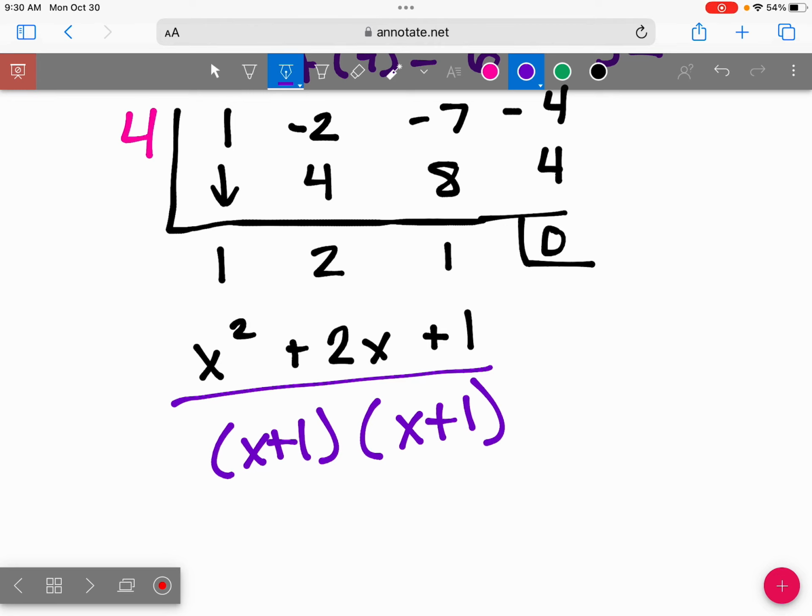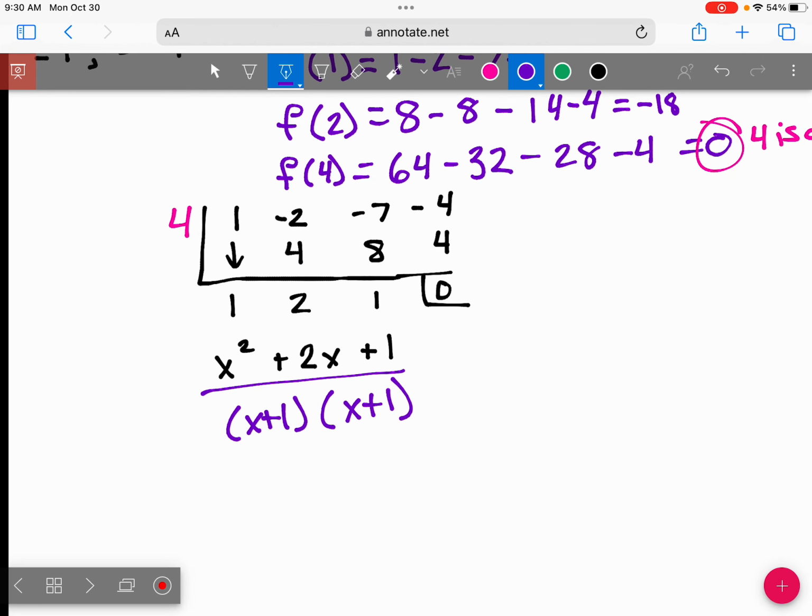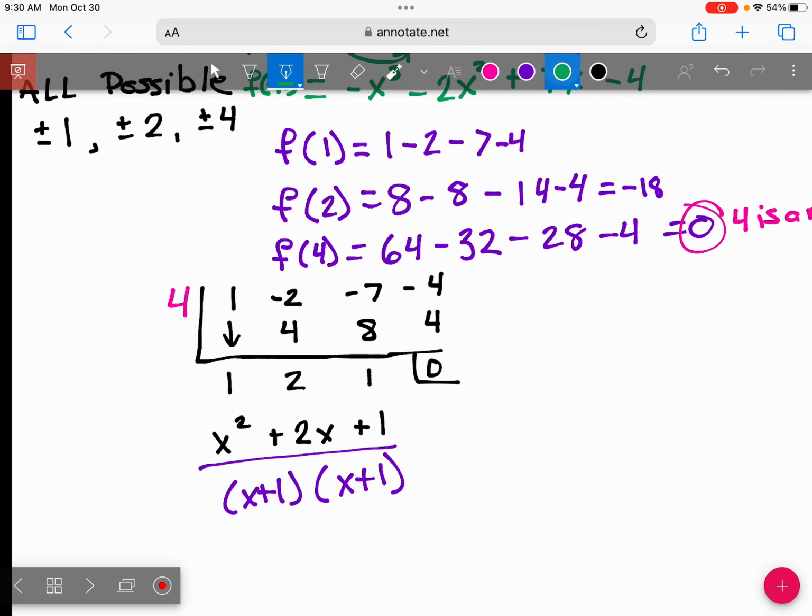So what are our roots? We have x equals -1. And what's our other root? X equals 4. X equals -1 has a multiplicity of what? 2.